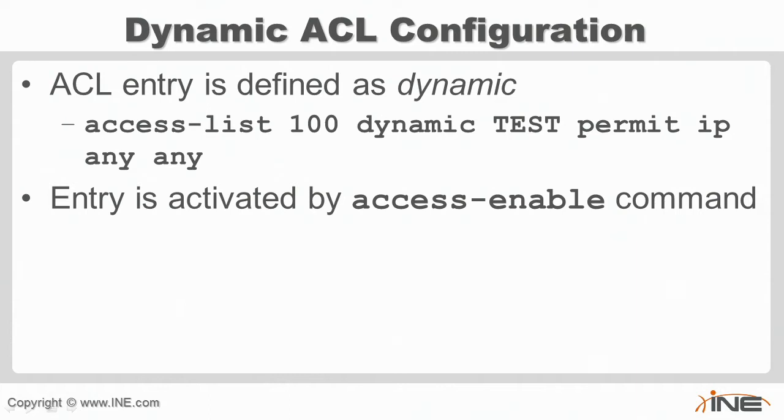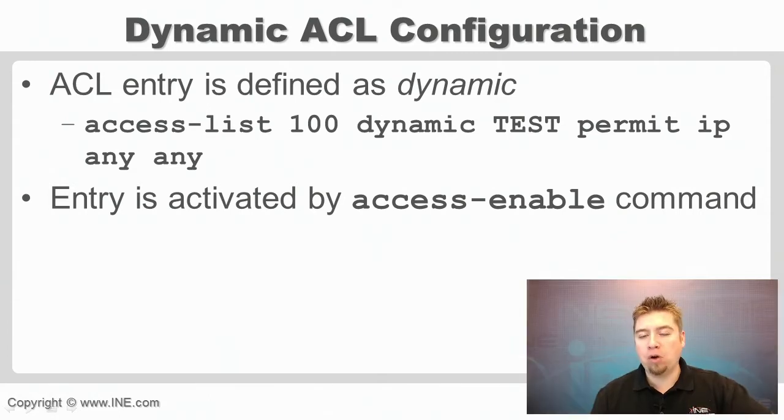So this means that someone is actually logging into the exec process of the router, like telnetting to the CLI and then manually issuing the access-enable command, or having the router run an autocommand to issue this once the user logs in. So we need to make sure first up that the user is authorized to run this command, that they have the sufficient privilege level to issue the command in order to open the dynamic ACL entry, and that also we're not just giving them unlimited access to the CLI.